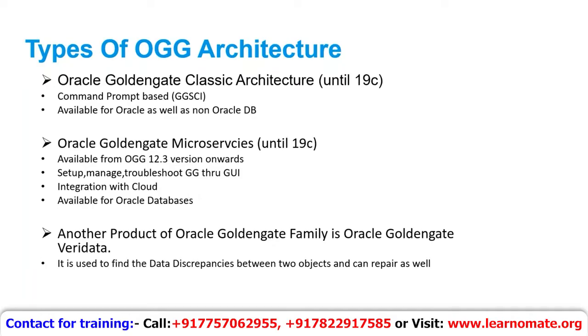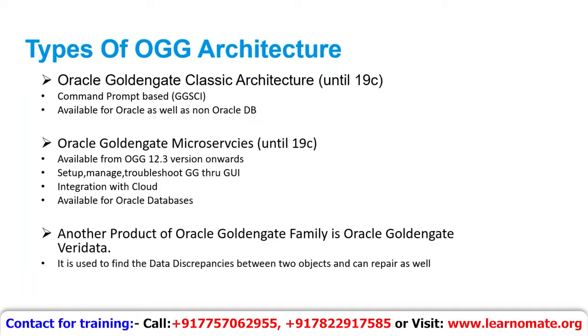From 21C onwards, which we'll discuss, the support has been extended to 5 other non-Oracle databases as well for microservices. I have mentioned until 19C in this slide because from 21C the support has been extended. Classic architecture is command prompt based architecture, GGSCA.